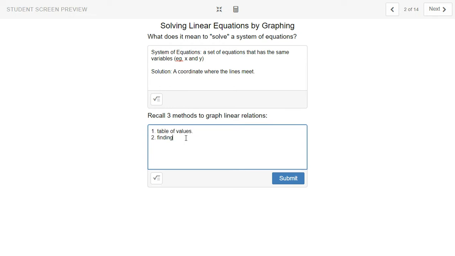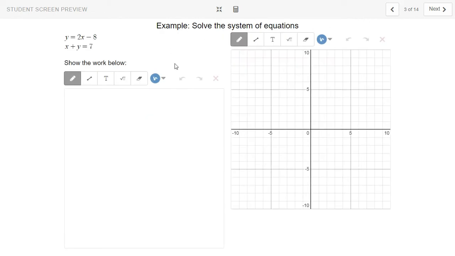We talked about finding the x and y-intercept and graphing by that, or we can use the y is equal to mx plus b method, where m is the slope and b is the y-intercept. Let's solve this system of equations by graphing.